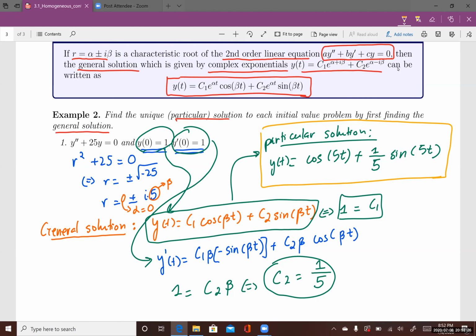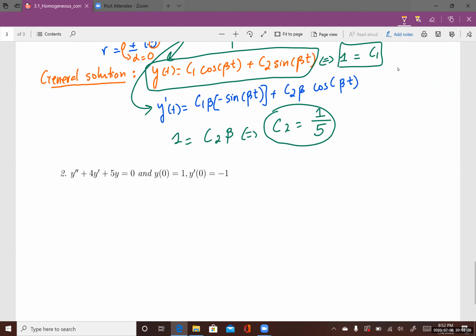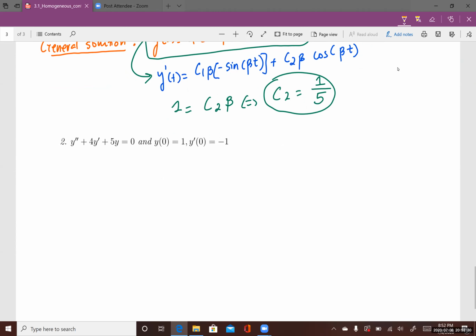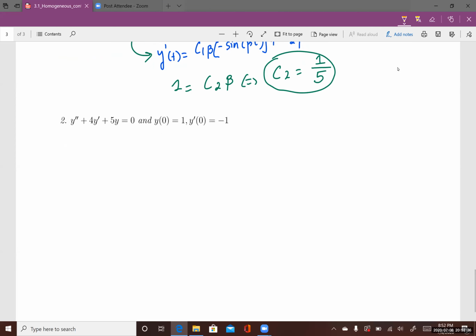All right, let's go to the next example here. So again, I have a second order differential equation with constant coefficients. So my goal is I want to find the characteristic polynomial, which is going to be r squared plus 4r plus 5 equals 0. Okay, and then I will try to solve this equation.